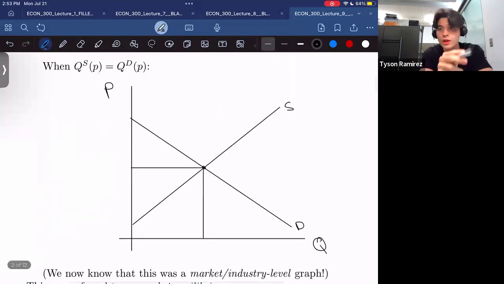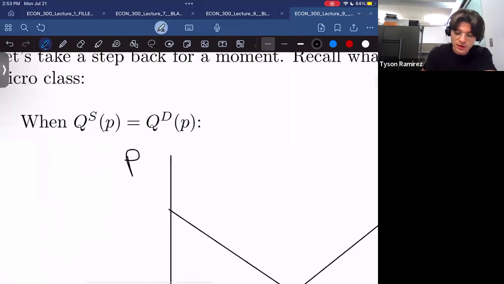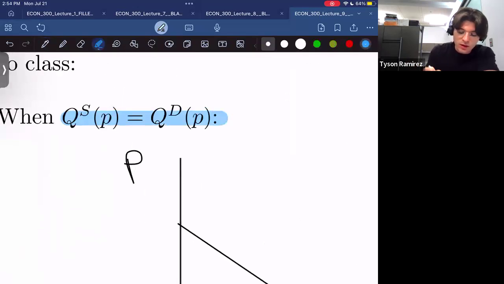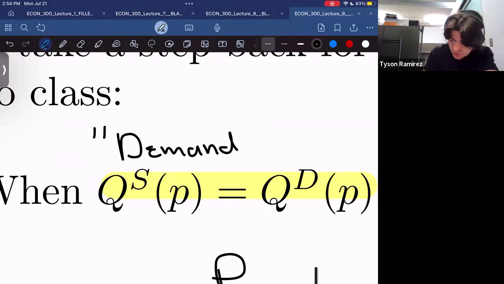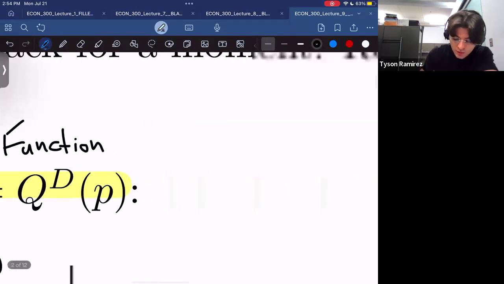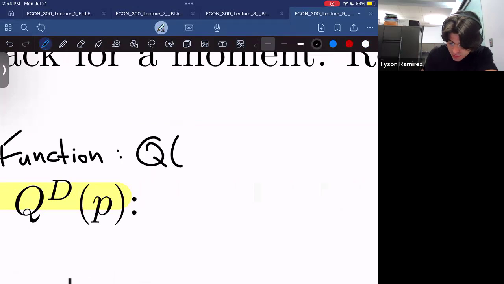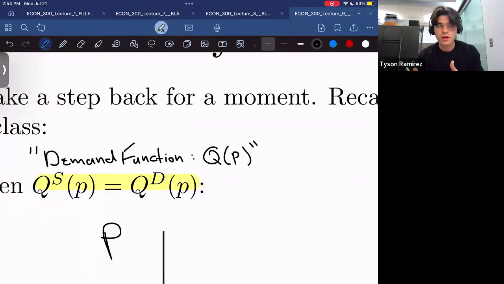So when quantity supplied is equal to quantity demanded, let me pause here real quickly and just notice this. Notice this is quantity as a function of price. This is the demand function. When I say demand function, that's giving quantity as a function of price. But we know that it doesn't have to be this way.